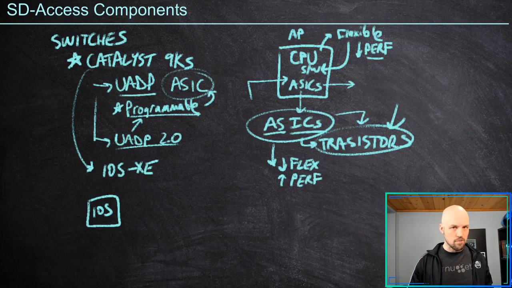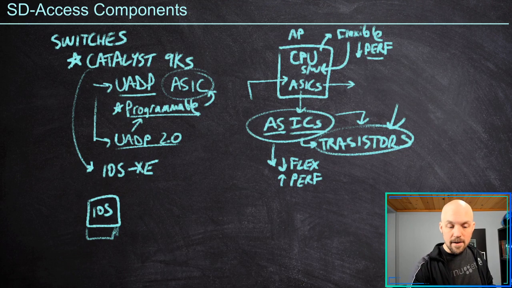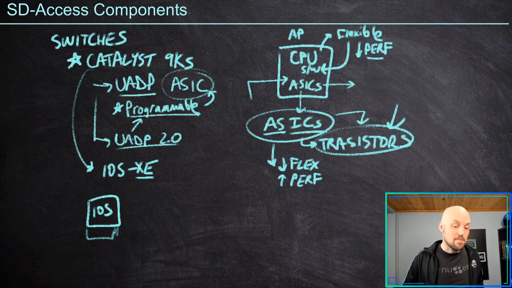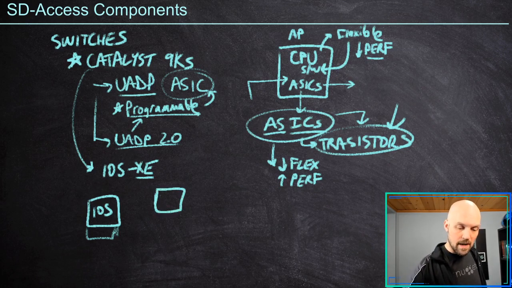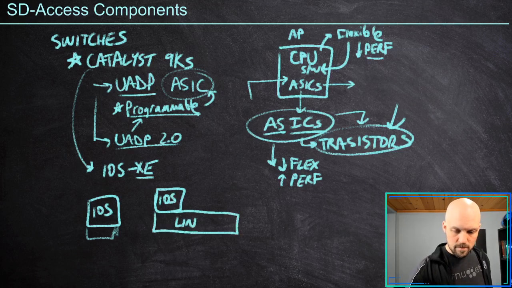If you have a router and it's running IOS, aside from ROMMON and whatever underlying pinnings are happening, it's basically just IOS. IOS XE, and I don't pretend to know what XE stands for if it is an acronym, but I can tell you that the X comes from Linux, because what we're doing is running IOS on top of a Linux kernel.